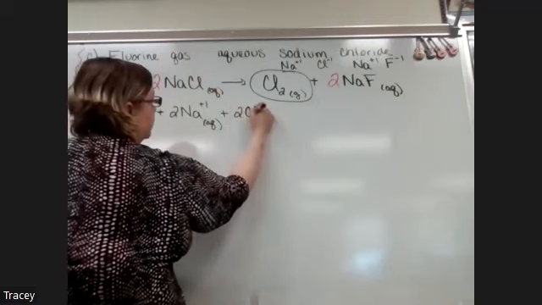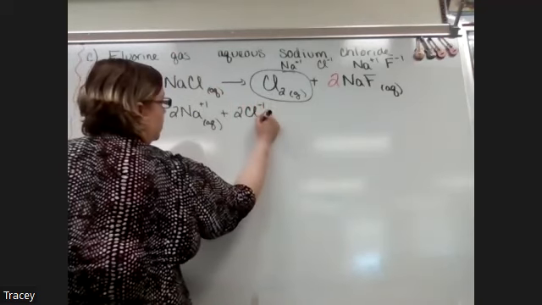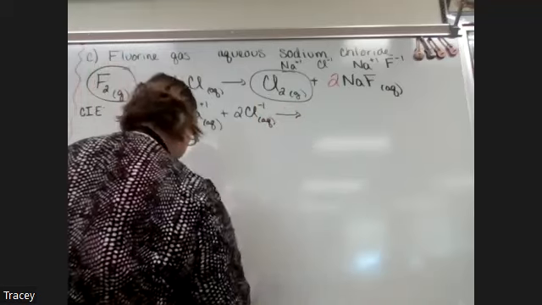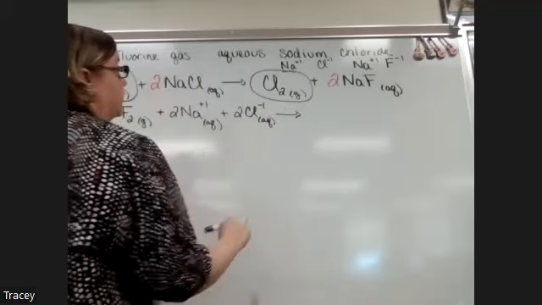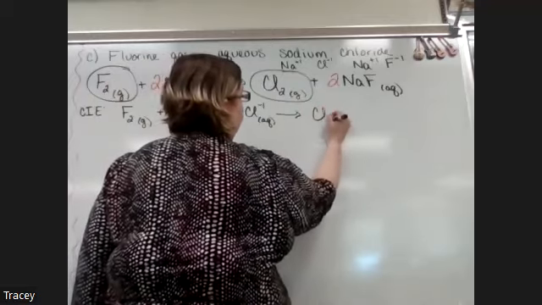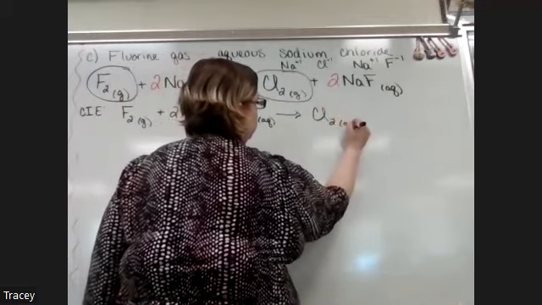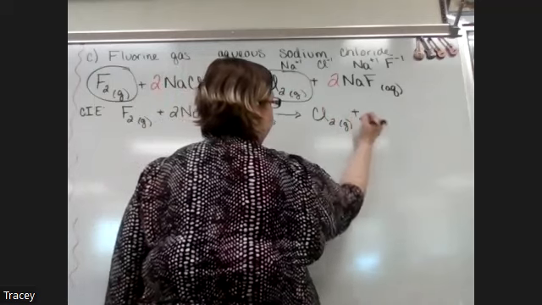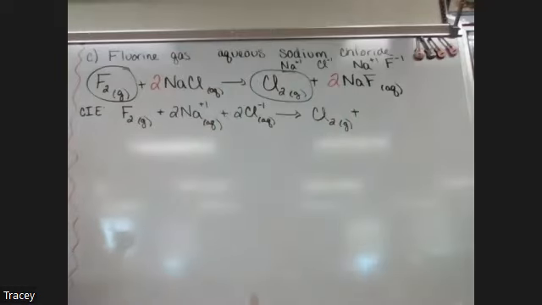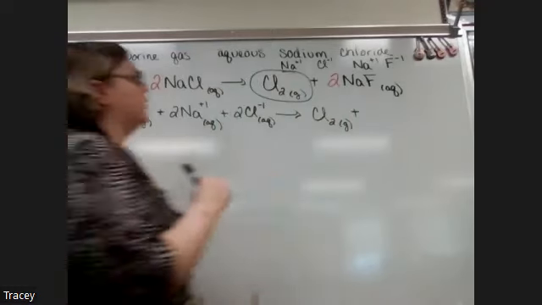So we have 2 Cl -1 ions aqueous. Now we come to something we circled, so we blindly copy the gas down. So Cl2 gas. And then we get to something aqueous, so we're going to split it apart.